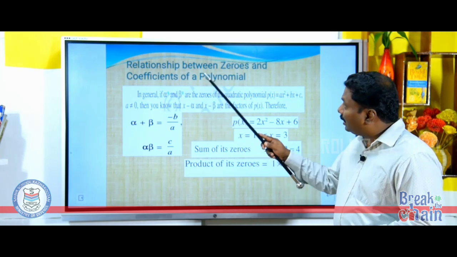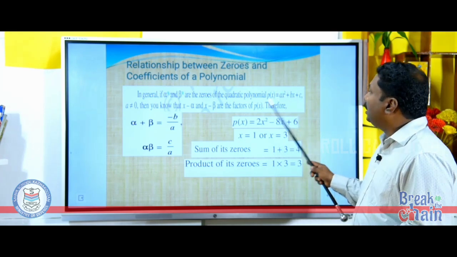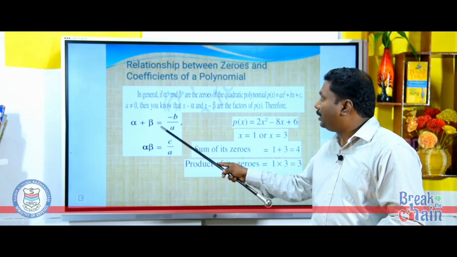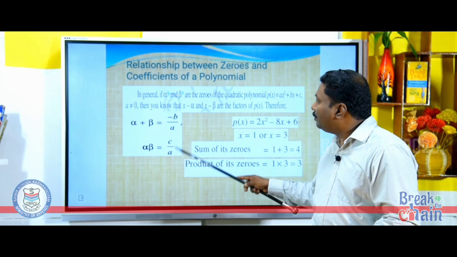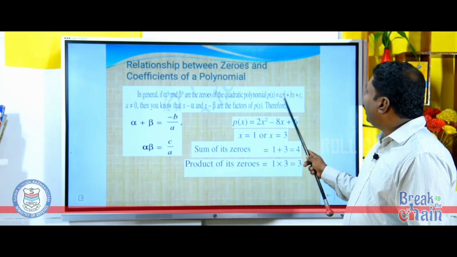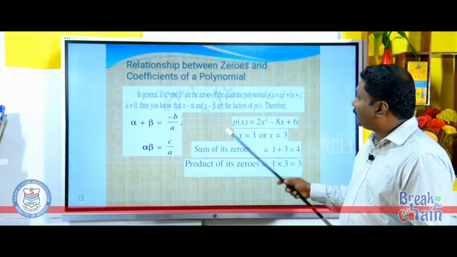So we can generalize a relation between the coefficients a, b, c and the zeros alpha and beta. It is alpha plus beta equals minus b by a, and alpha beta equals c by a. Here b means the coefficient of x, and a means the coefficient of x square.